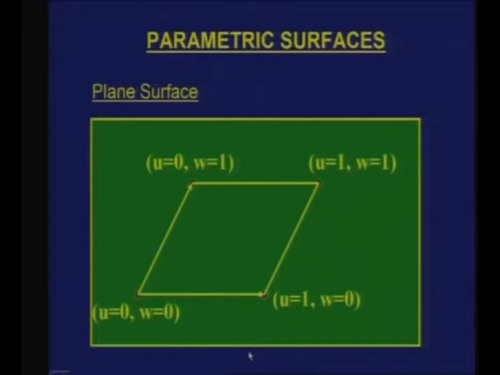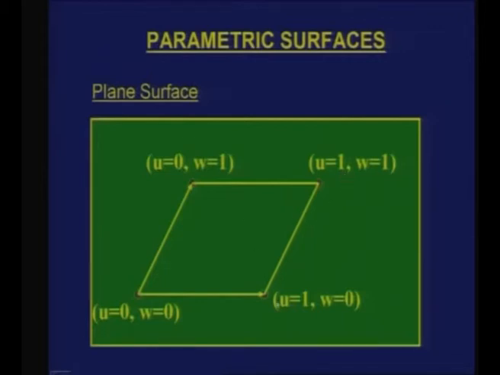One should be very clear about the parametric directions. The generatrix curve we used has parameter u, so u is equal to 0 at the start and goes all the way up to u is equal to 1. The parametric direction is w, which starts from w is equal to 0 and goes to w is equal to 1, and the other corner represents u is equal to 1 and w is equal to 1.